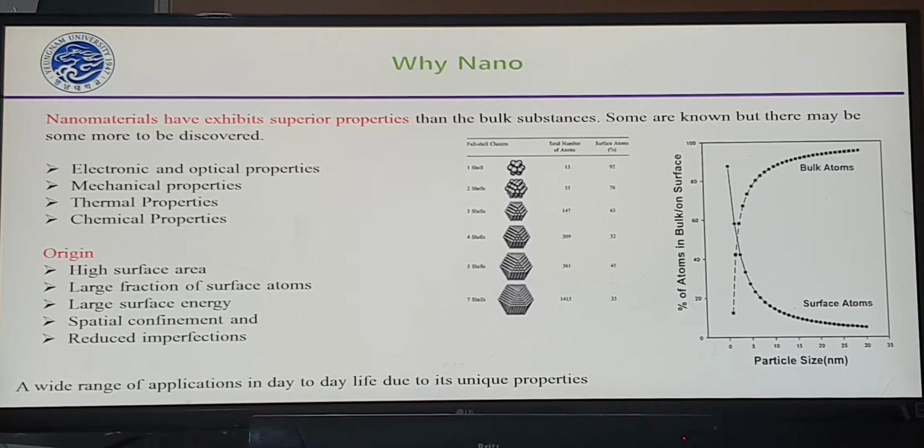For example, if zinc oxide or some other material is transparent to light when it is in bulk stage, but when it comes to nanoscale, it is a magnetic material, it is not a transparent material.